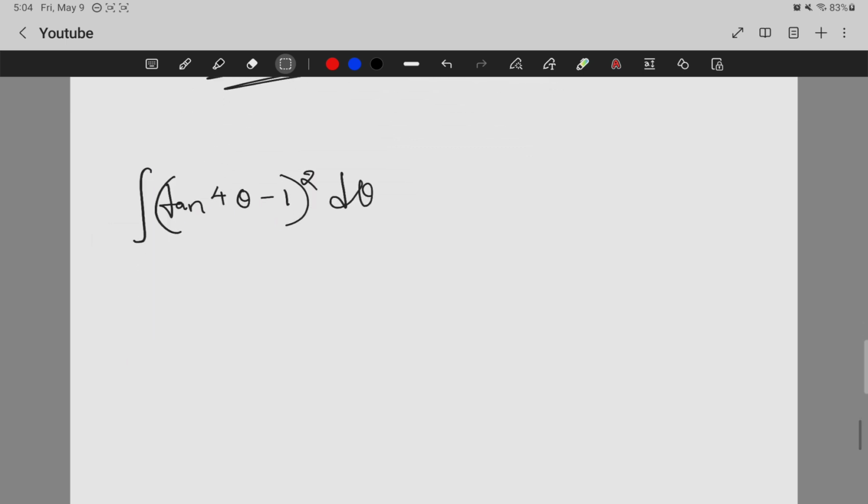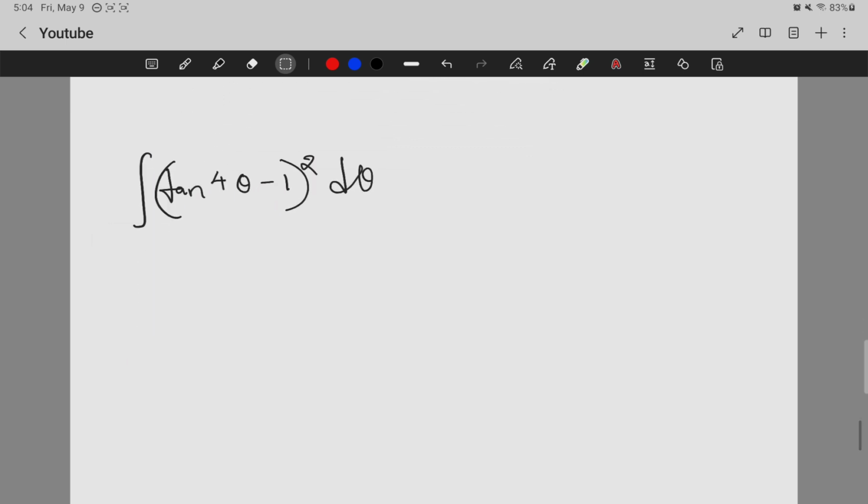For this problem, what we're going to do is look at this expression as a difference of two squares. Just view it as if you have x to the power 2 minus 1.